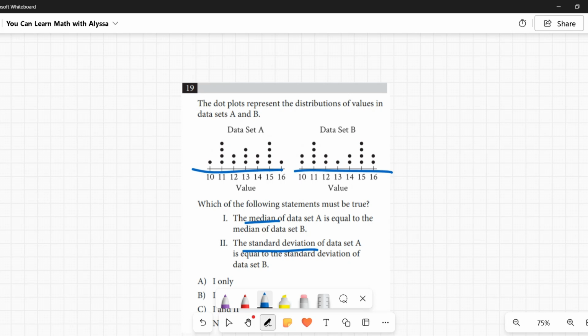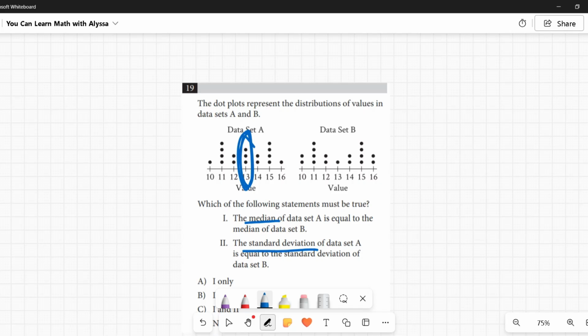So it's going to be what's in the middle. We don't have to really worry about counting how many values there are. They don't tell us how many values there are. Sometimes they will. They'll say this data set has 15 values, has 22 values, whatever. Here they don't, but we don't need to count them.